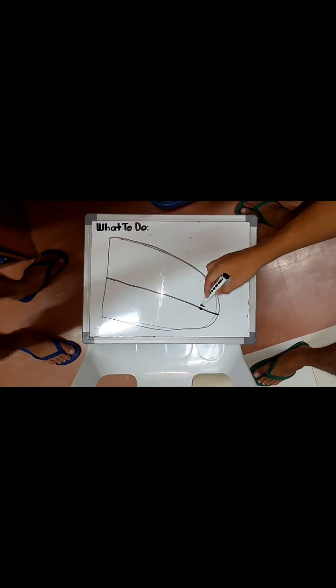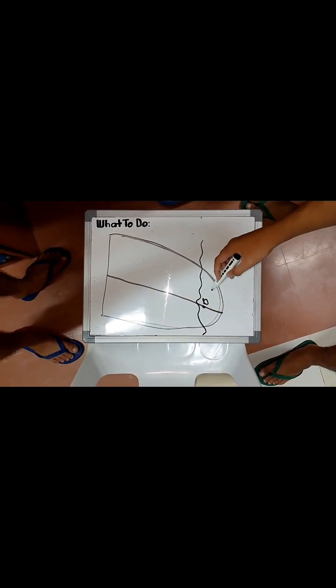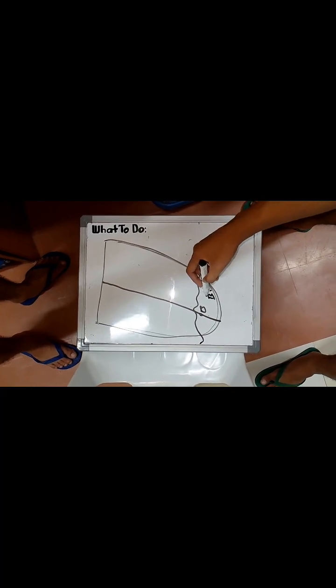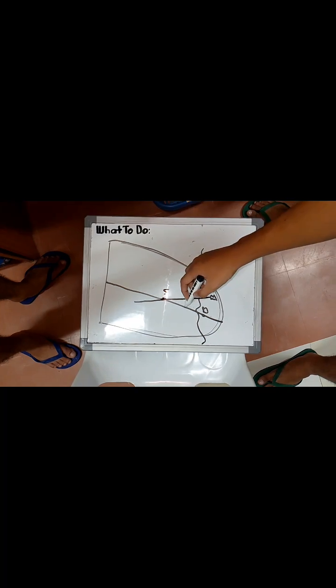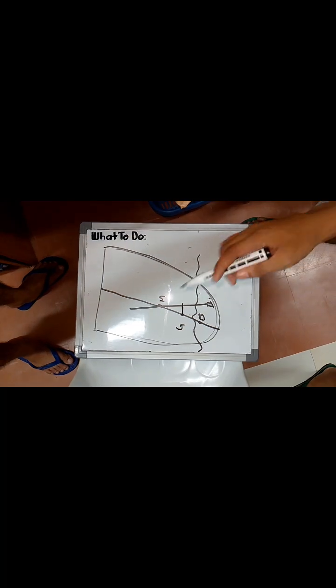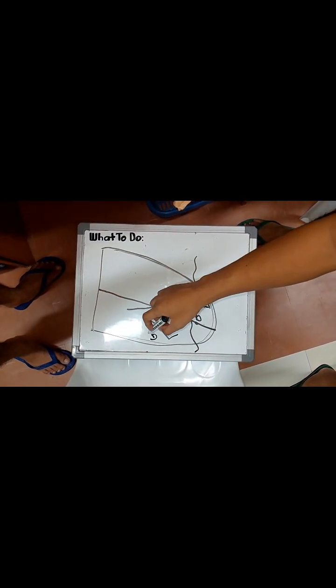This is the center of buoyancy. This is the water line. This is the shift of buoyancy. And the intersection is the metacenter. This is where the gravity is. This is the righting lever. And this is the GM or the metacentric height.